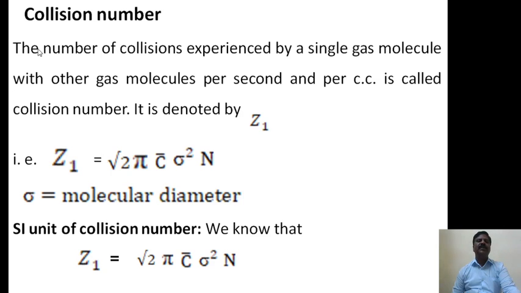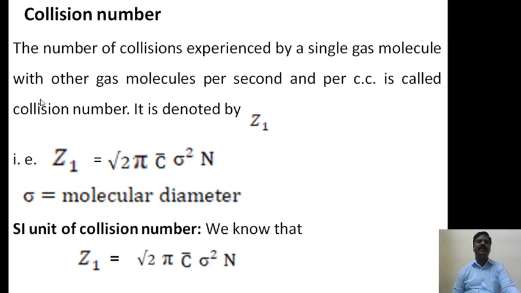Now coming to the collision number. What do you mean by collision number? The number of collisions experienced by a single gas molecule with other molecules per second per cubic centimeter is called the collision number.